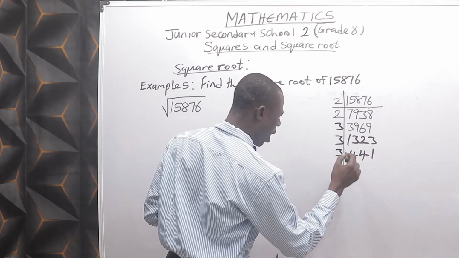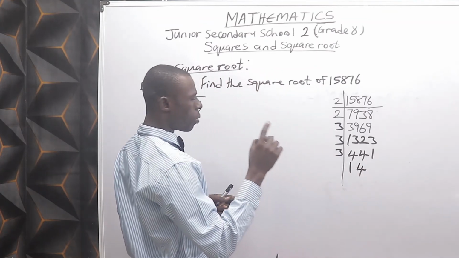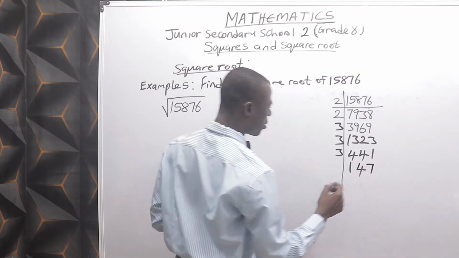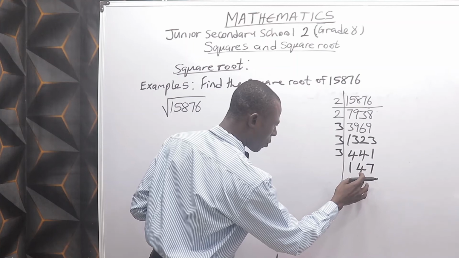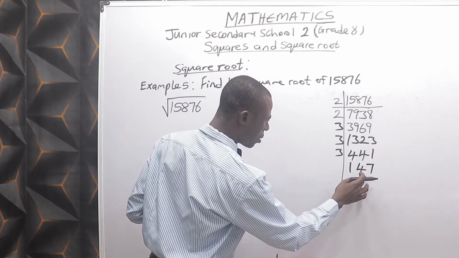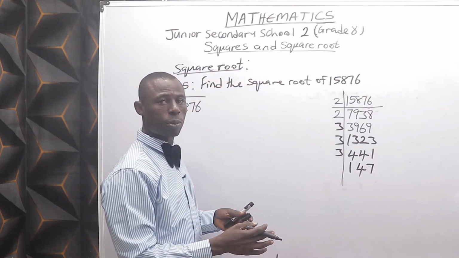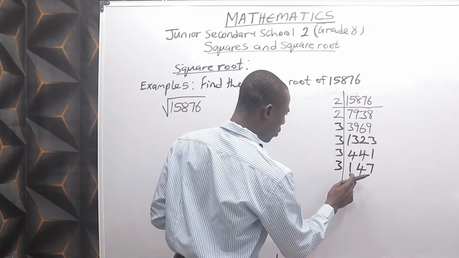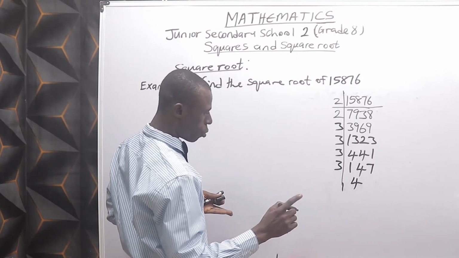3 in 4, 1. It remains 1. In 14, 4. It remains 2. In 21, 7. Let's add up 7 and 4. That's 11. 11 plus 1, that's 12. 12 is still divisible by 3. That means 3 can still go. 3 in 14, that is 4, remains 2.